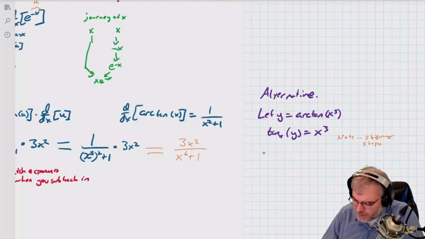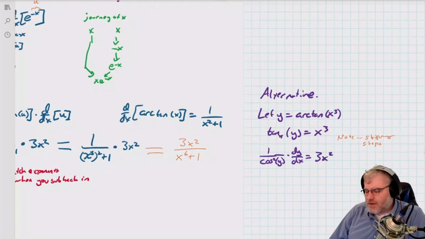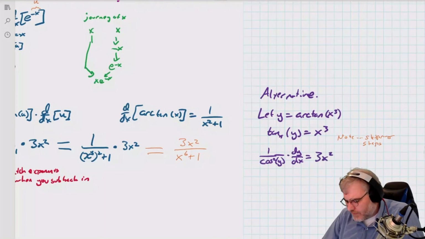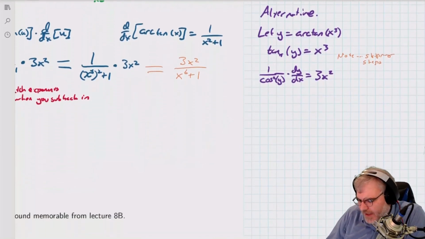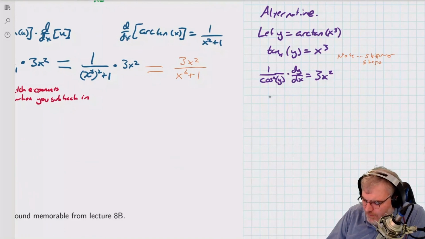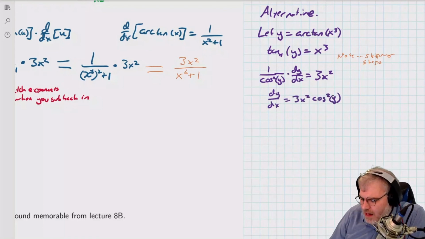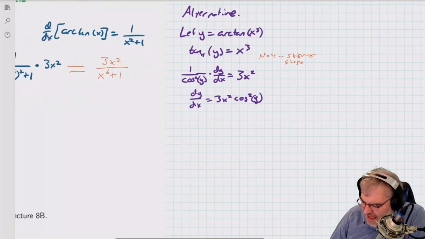The derivative of this is 1 over cosine squared of y times dy over dx, equals, and then I take the derivative of this, and I get 3x squared. Then I just solve for this. So I have dy over dx equals 3x squared cosine squared y. All right, and so what I have is tangent.